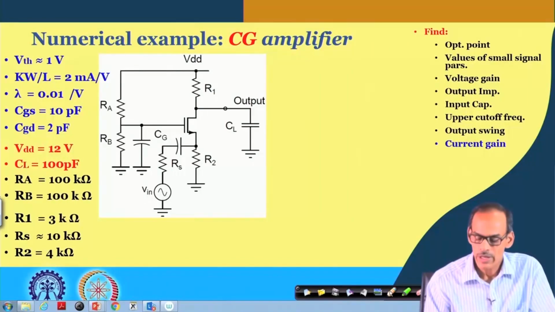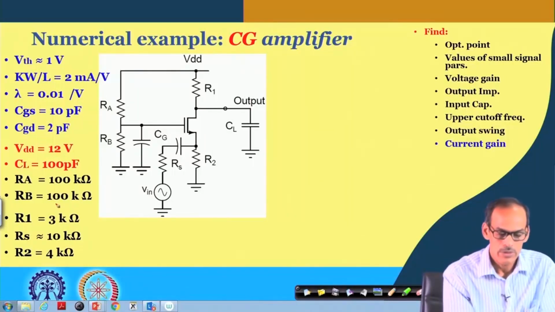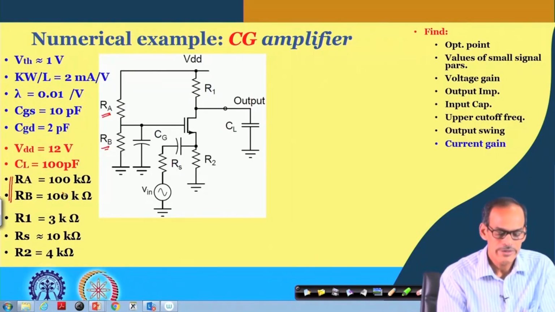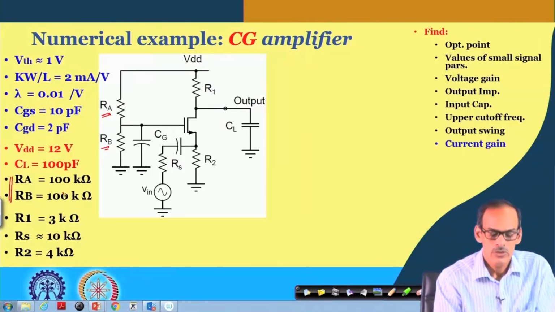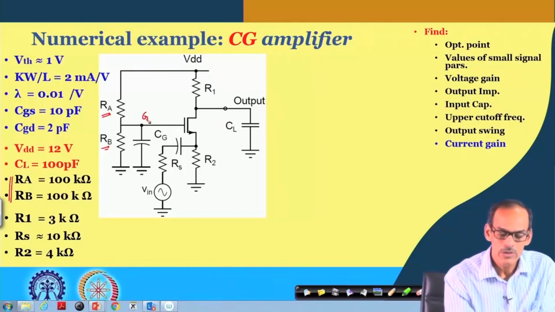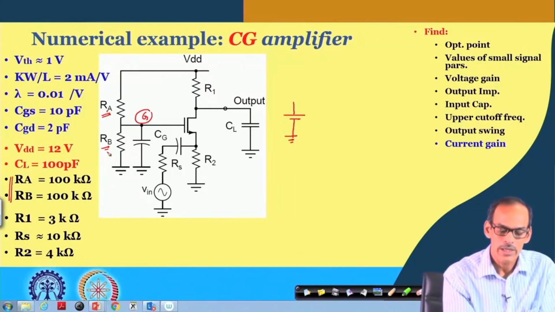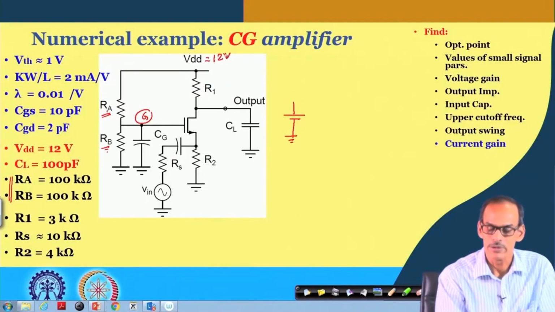Now, we do have the different component values given here, namely R A and R B, same as the previous case. So, we can say at the gate node we do have 6 volt getting generated by this R A and R B from this 12 volt VDD supply.